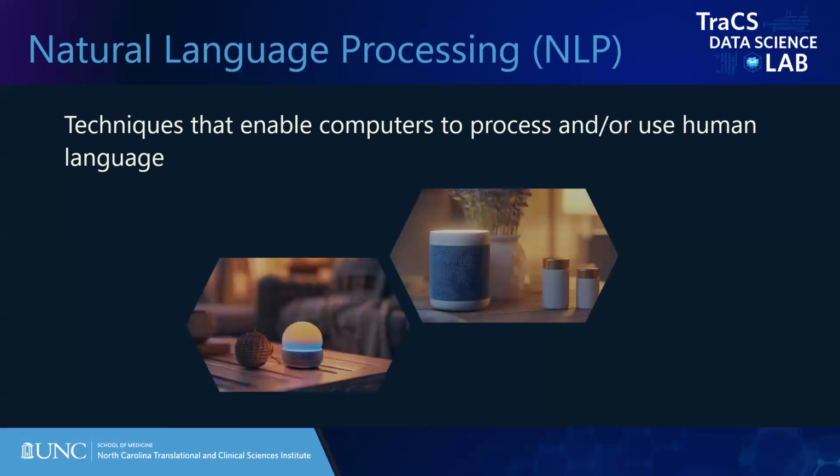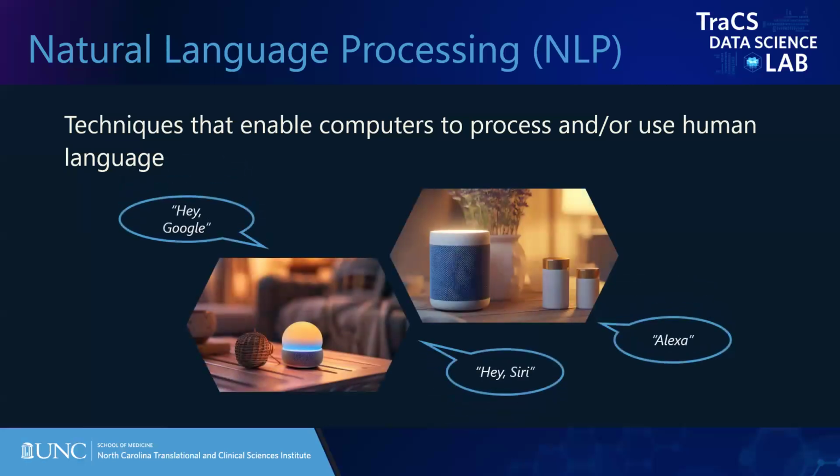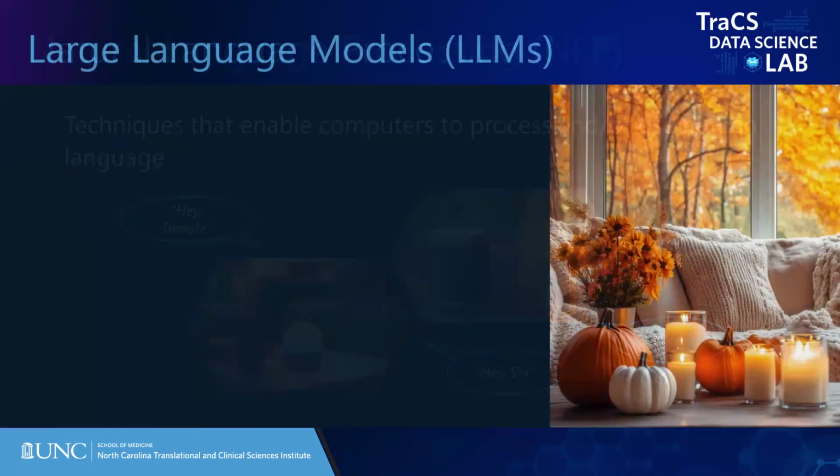So for example, think about those smart home devices and digital assistants that you can interact with by voice. They've used deep learning to learn how to understand human speech by training on huge numbers of examples. And they've also used deep learning to learn how to construct responses in the form of human language.